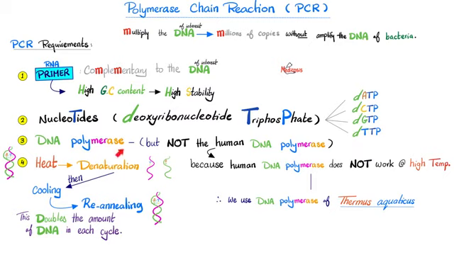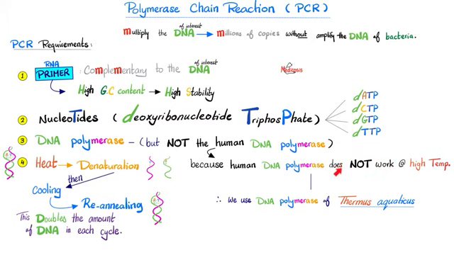We need DNA polymerase from humans, right? Shut up. The human DNA polymerase cannot work. Why? Because we're going to heat, and human DNA polymerase cannot work at high temperature. Instead, we will use the DNA polymerase of Thermus aquaticus. It's a bacteria that can survive very high temperature.